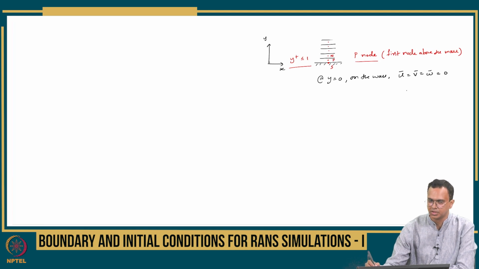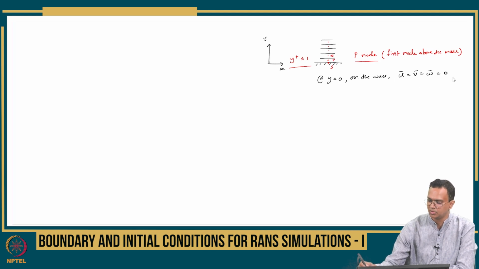And what do you do for pressure? Pressure boundary condition on the wall. This must have been taught in the CFD course. Is pressure known to you? No. Then what do you do? Yes, you set a Neumann boundary condition, right?